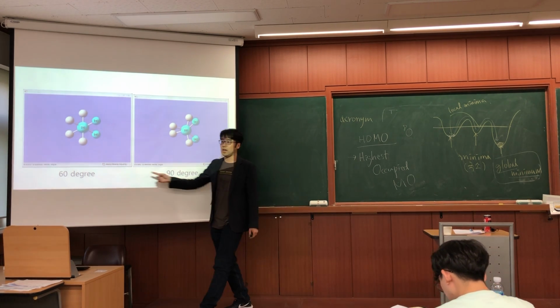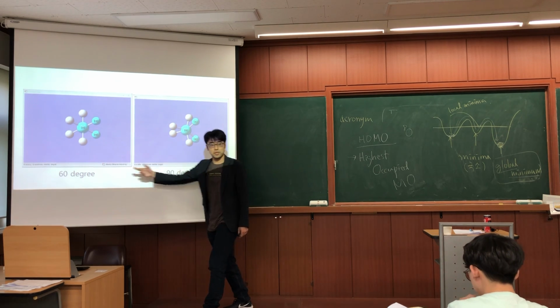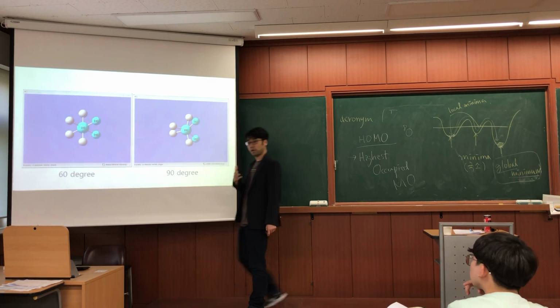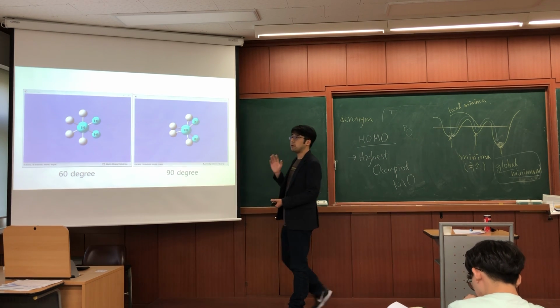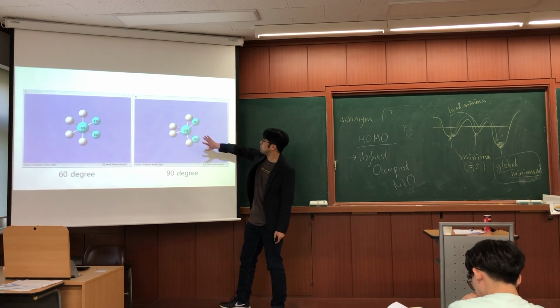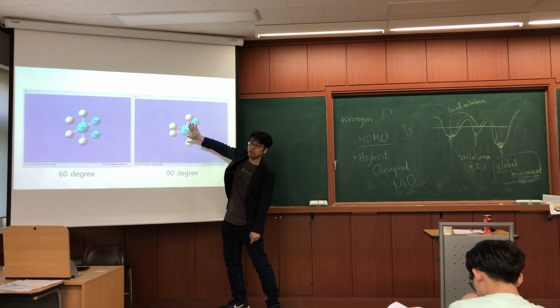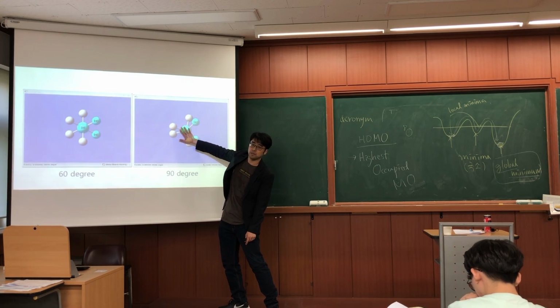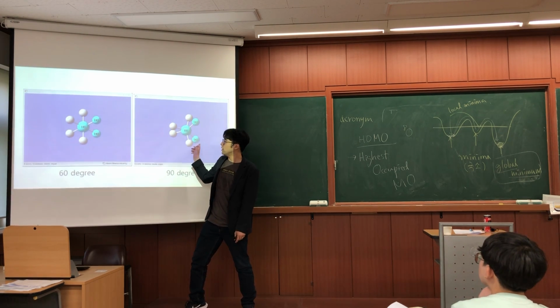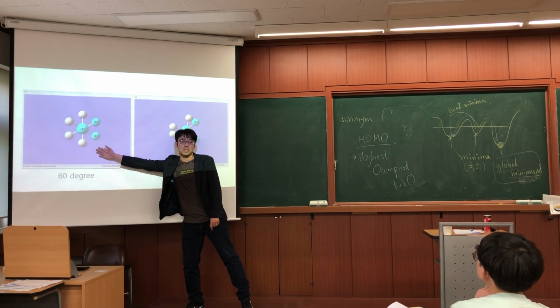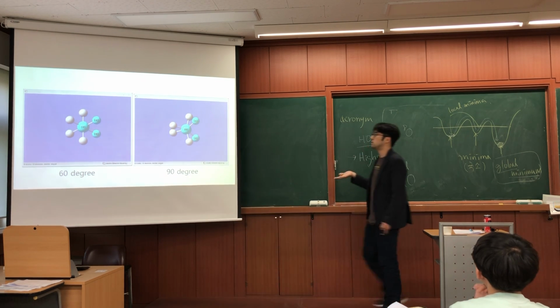Then which one will have lower energy? This one will have lower energy, right? You've already learned it, right? So geometry optimization means that if you start from this conformation, which we know is not stable, and finding this stable conformation is geometry optimization. Okay?